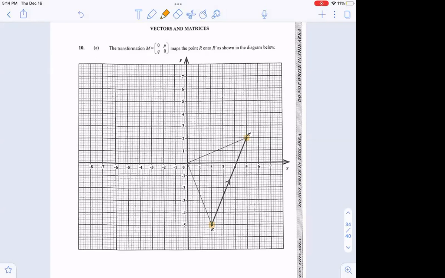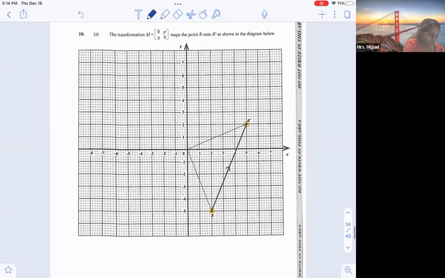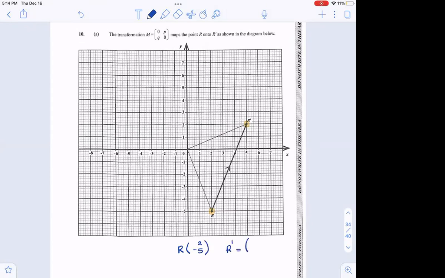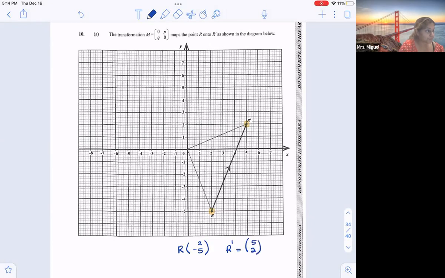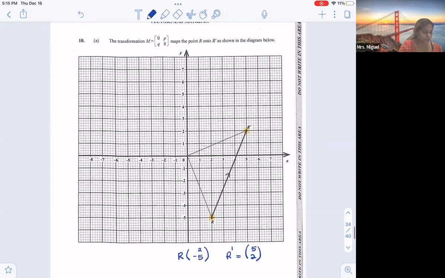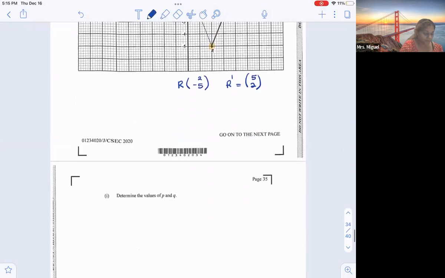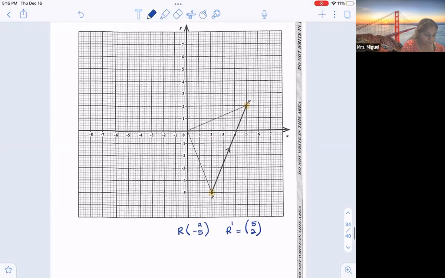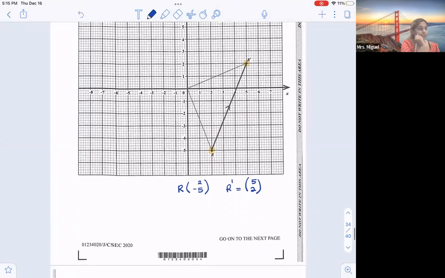Finish, miss. So what are the coordinates of the point R? 2, minus 5. And what is R prime? 5 and 2. So we have to find two values.